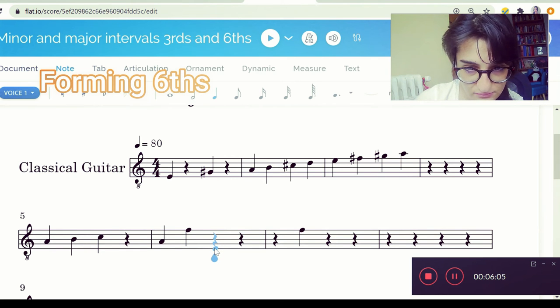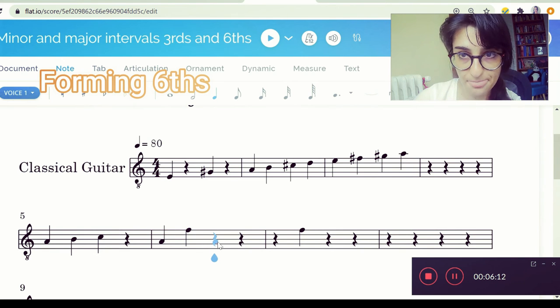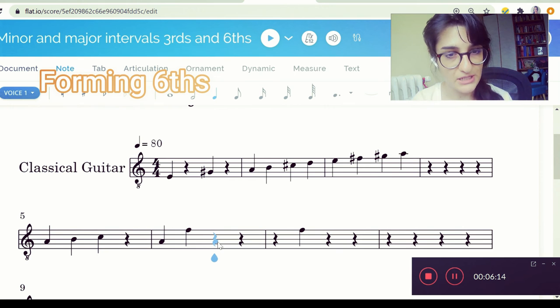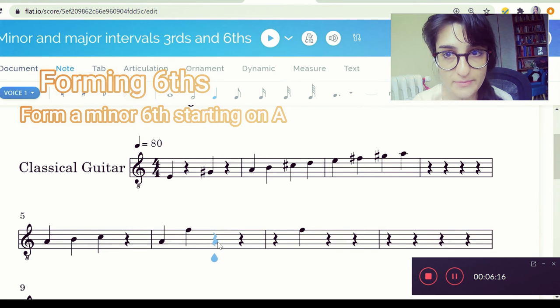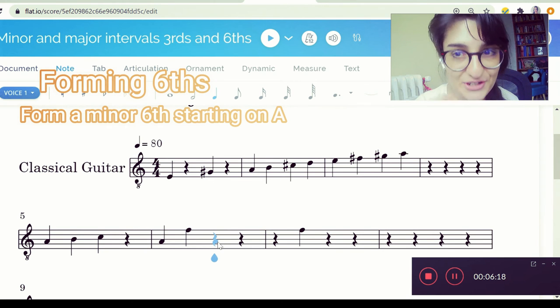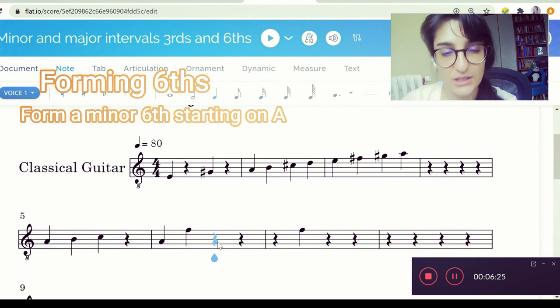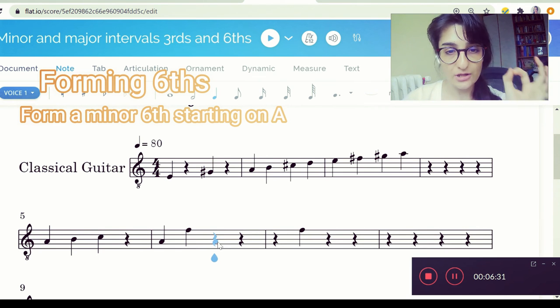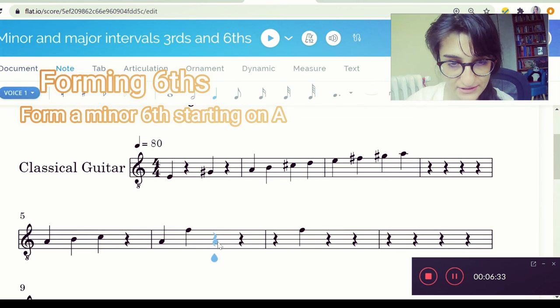Let's say they ask us to form an interval from A. I'll use the same example. And they say, form a minor interval from A of 6. Okay? Now, you are familiar, perhaps, with melodic minor scales.